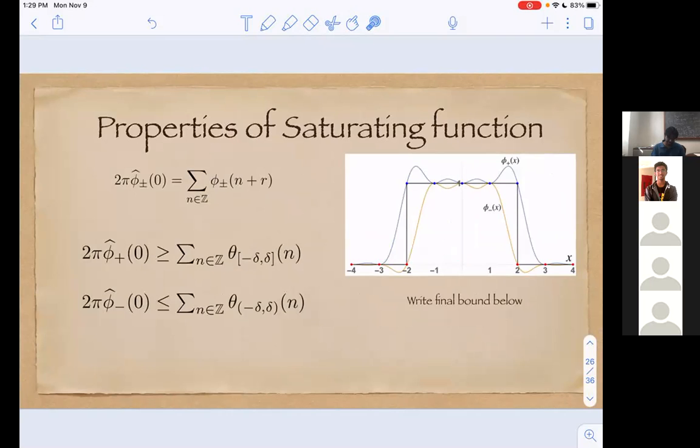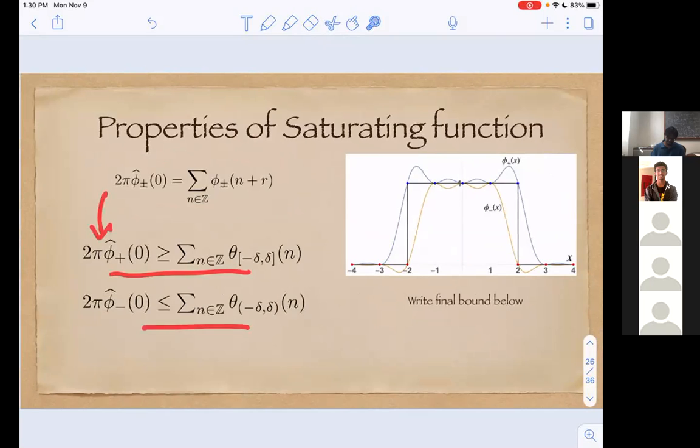As I was saying, we have this equality from the Poisson summation formula, and from that we write down these bounds, and then we want to know how these bounds are saturated. The first point is that this value only depends on the value of the original function evaluated at integer points, because I have said r equals 0.